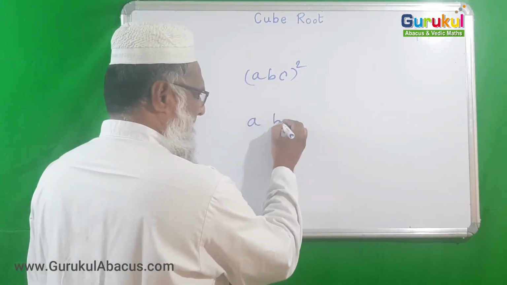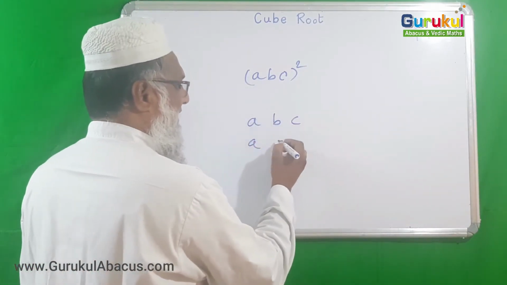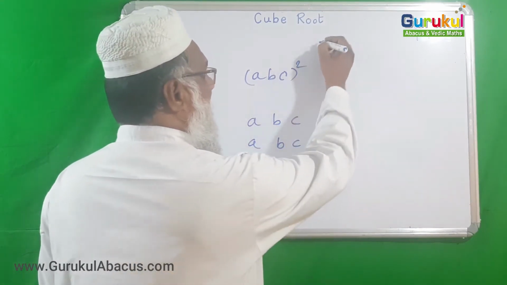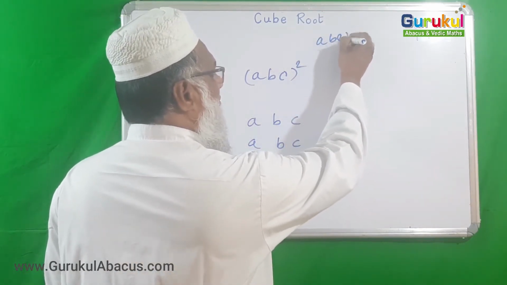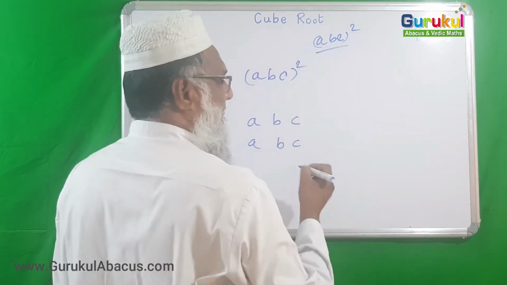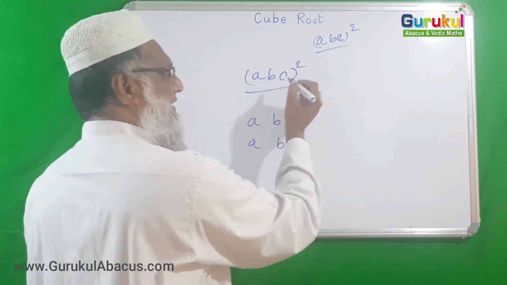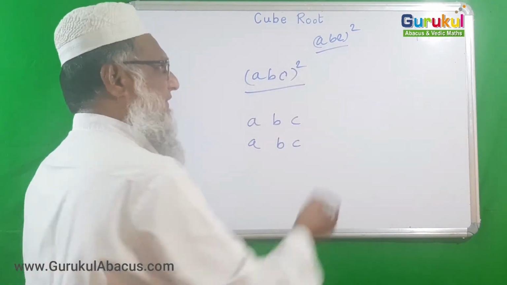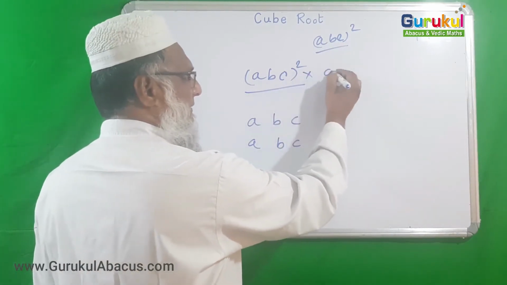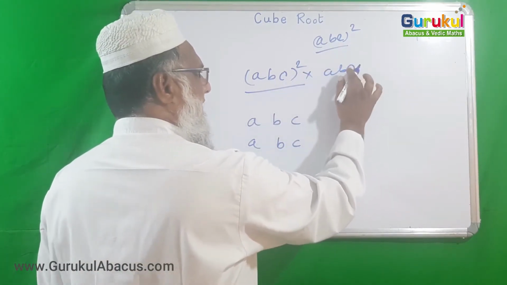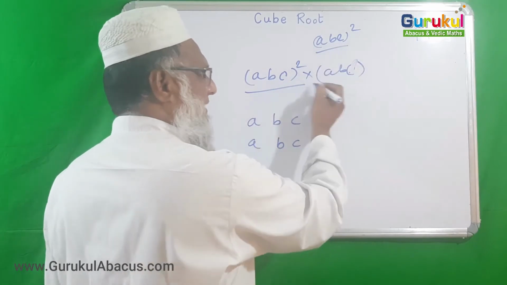Here A, B, C and here A, B, C. Actually my target is to find ABC cube, but firstly I am finding ABC square, and then I will multiply ABC square with ABC to find ABC cube. That's my intention.